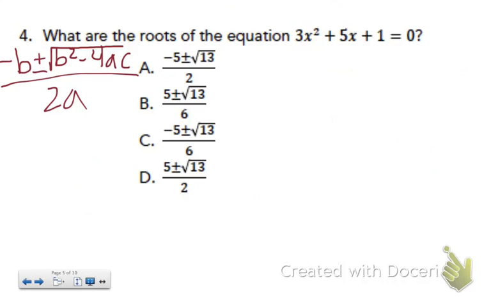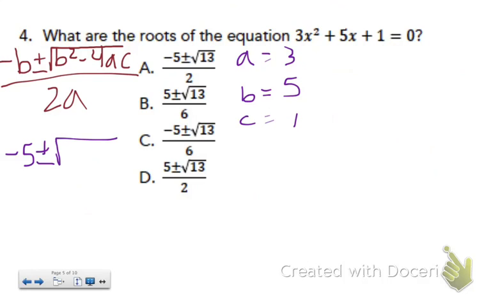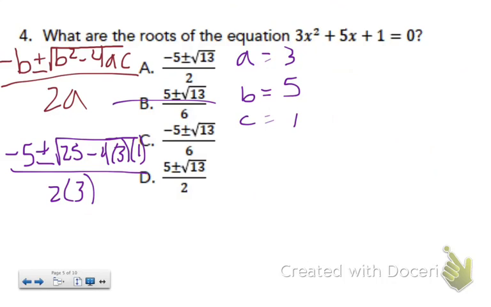Okay, so remember a is 3, b is 5, and c is 1. So negative b, negative 5, plus or minus the square root of 25 minus 4 times 3 times 1, all over 2 times 3.